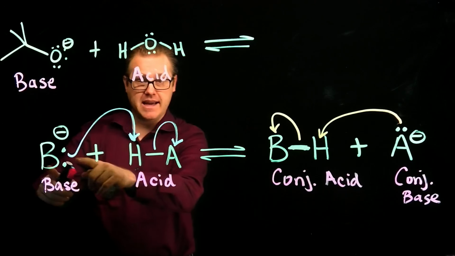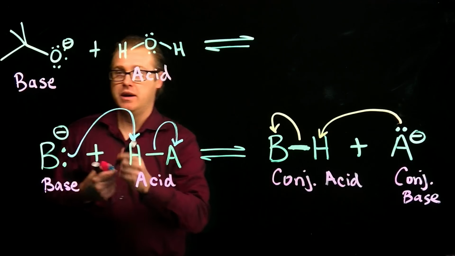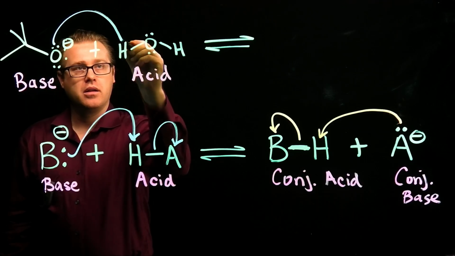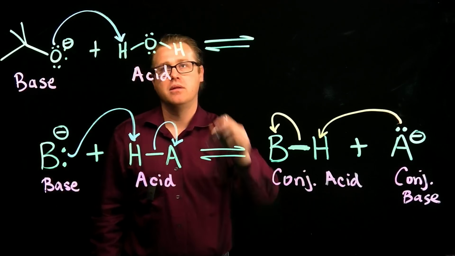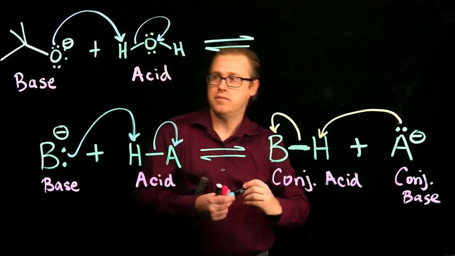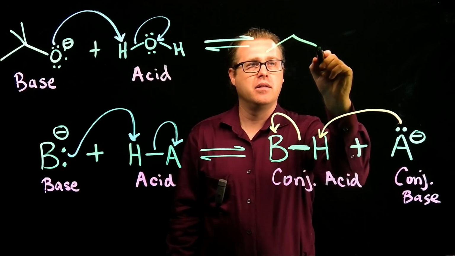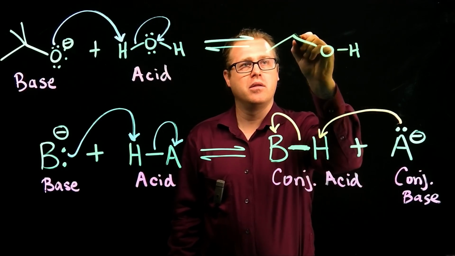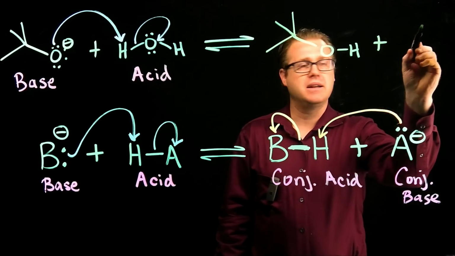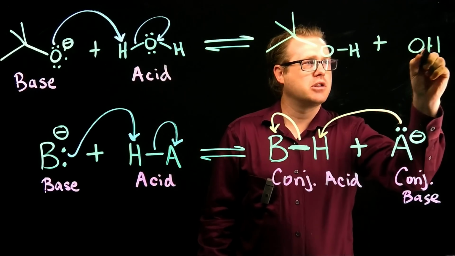So we follow the same mechanism here. We're going to take a lone pair off of the base, abstract a proton, and then that hydrogen-oxygen bond has to break. So what do we have at the end of the day? We have that plus these two atoms right there, so OH.